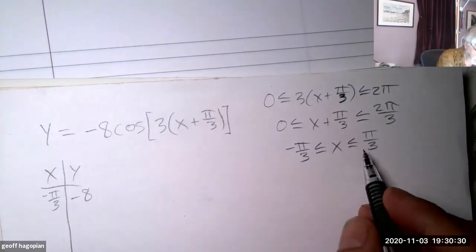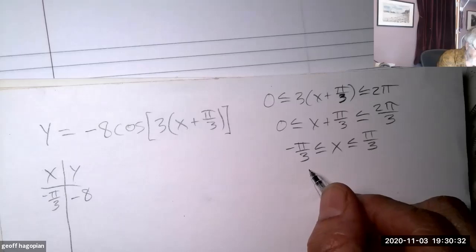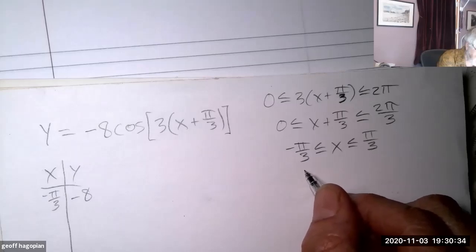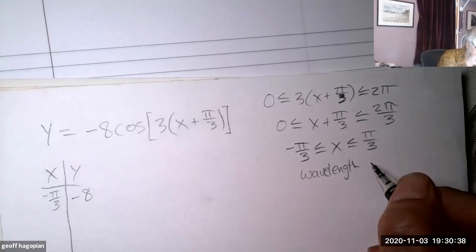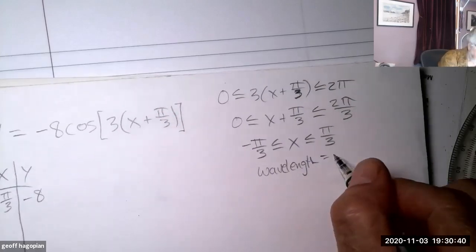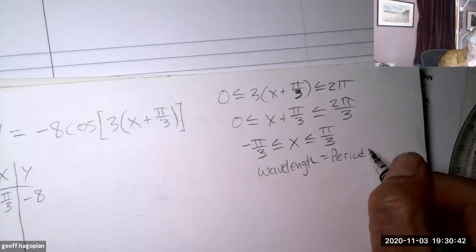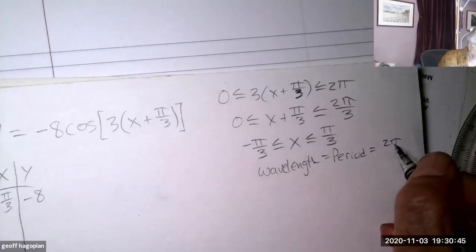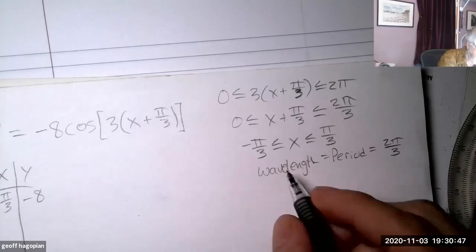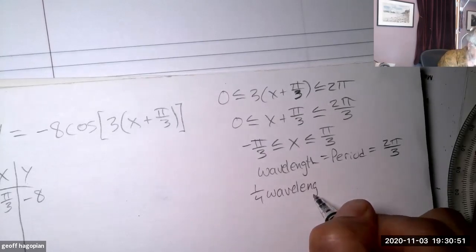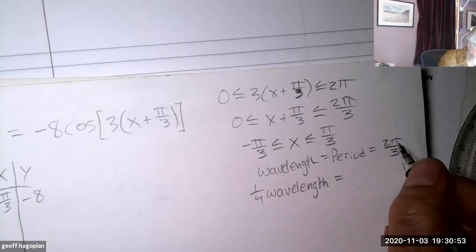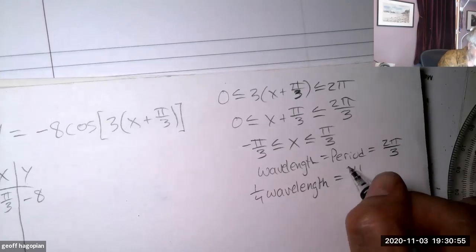Okay, so the wavelength or period, that means the same thing, right? Wavelength equals period here equals 2 pi over 3, right? So what's a quarter wavelength? Well, that's going to be pi over 6.